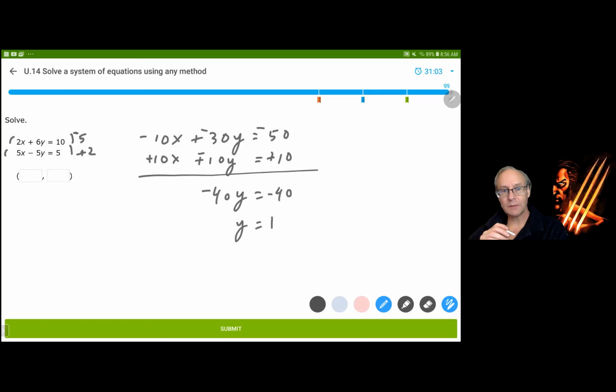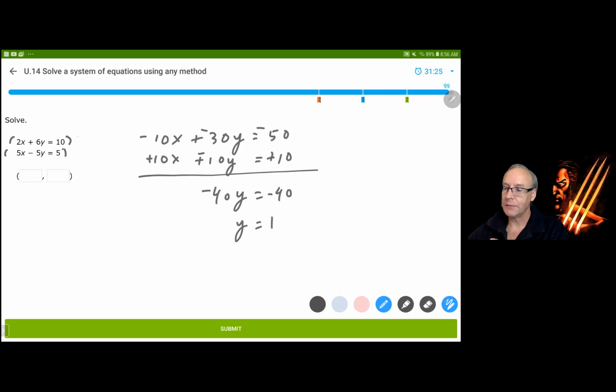Now, my other option was to multiply the top by negative 5 and the bottom by positive 5 and the bottom by 6. So multiplying, let me write that down just so you can see it. I said I would, so I'll do it.